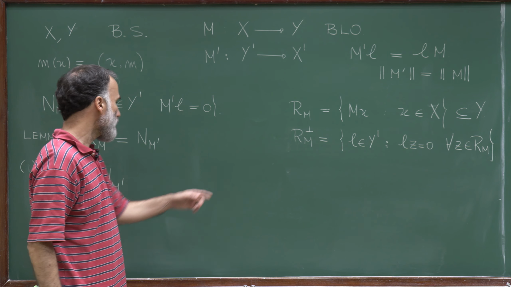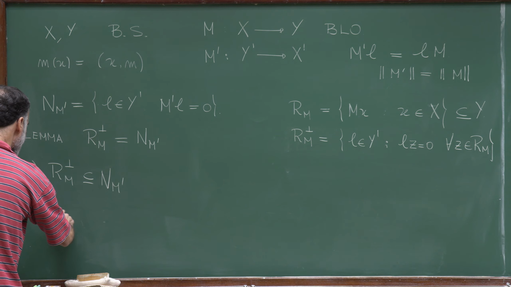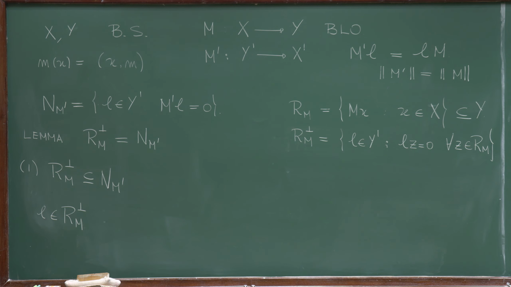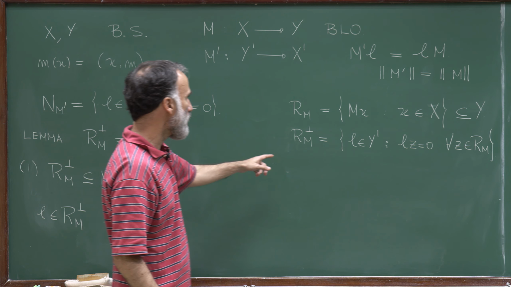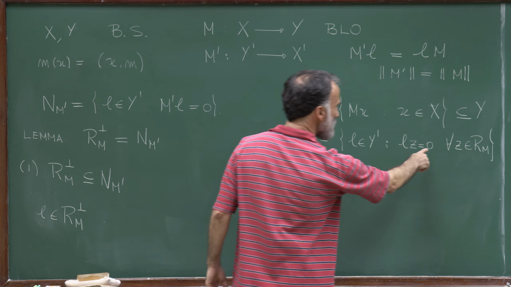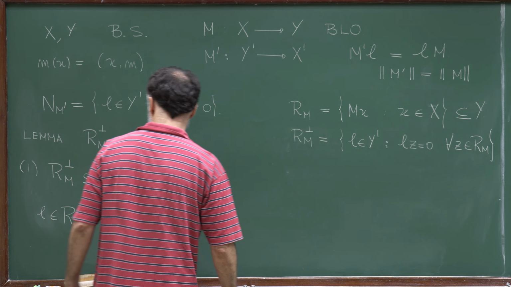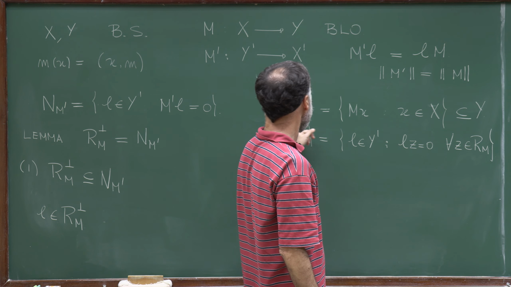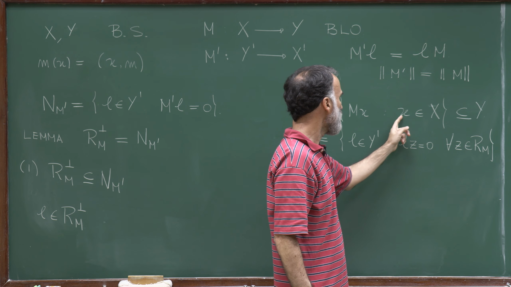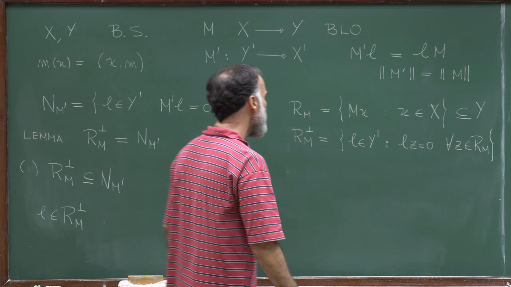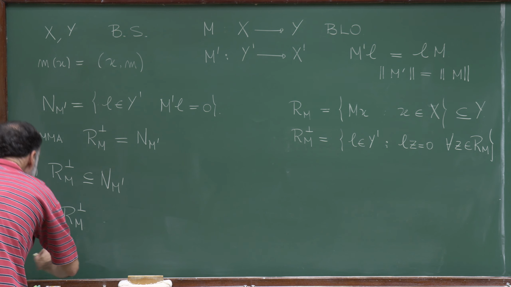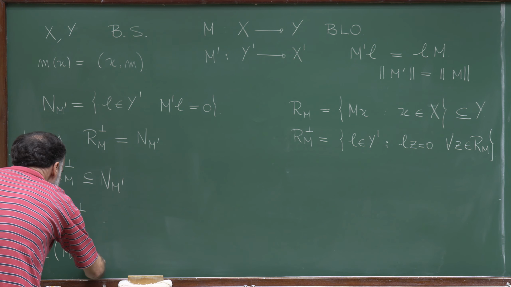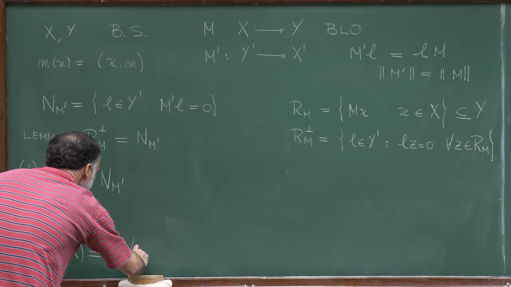For that, I'll take an element L in R(m) perp, and I'll show that it belongs to N(m prime). Since L belongs to R(m) perp, this means that L of z is equal to 0 for all z in R(m). But any element in R(m) can be written as mx for an x in X. So this is saying that L of m of x is equal to 0 for all x in X.